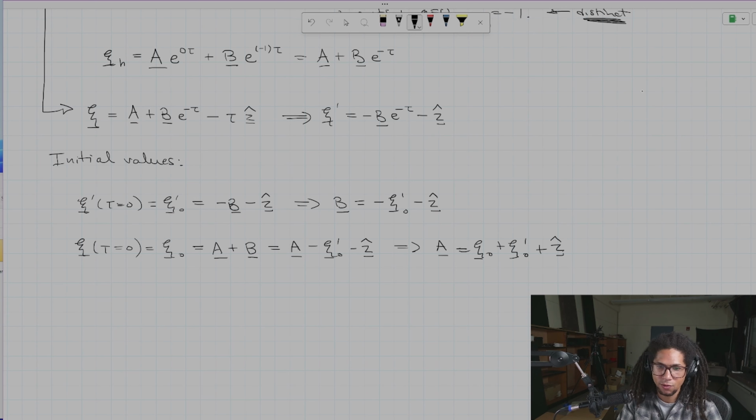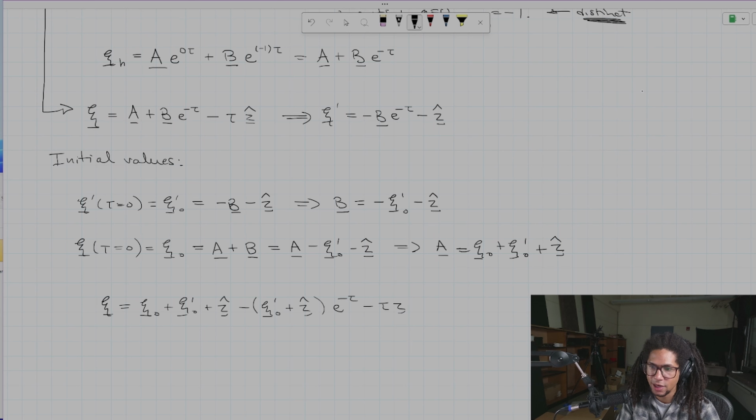All right, that means that we're ready to write our final solution, which is that C is equal to C naught plus C naught prime plus z hat, plus, maybe it's better to just combine this into an overall minus sign, minus C naught prime plus z hat, e to the minus tau, minus tau z hat. And now that I've done this, it actually seems to make sense to start combining things based on their coefficients.